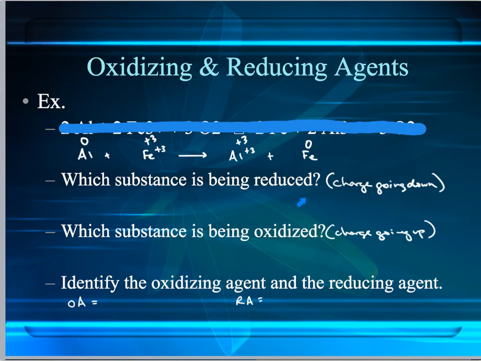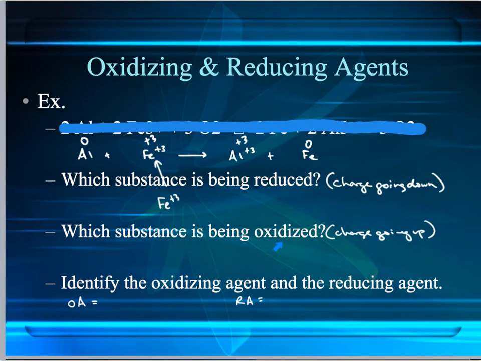Well, it says which substance is being reduced. Which one had the charge go down? Well, here, iron went from +3 to 0, and the substance being reduced is actually that Fe plus 3. The iron 3 ion there is the thing being reduced. Not iron. If you wrote just Fe, you'd be wrong because over here it's already been reduced. By itself, Fe has already been reduced, but the substance being reduced is this.